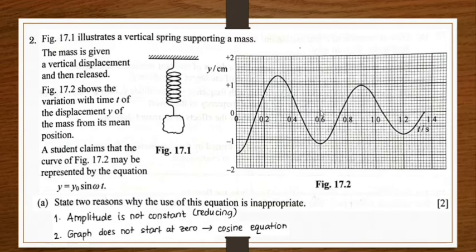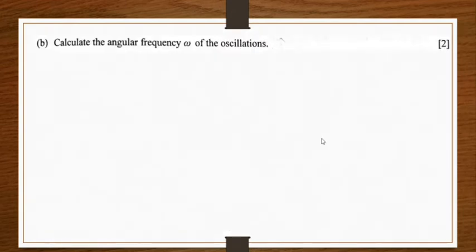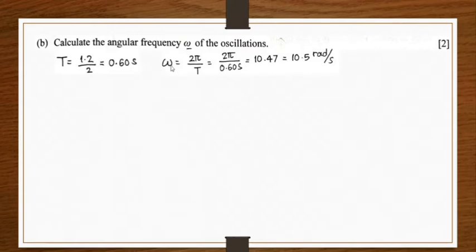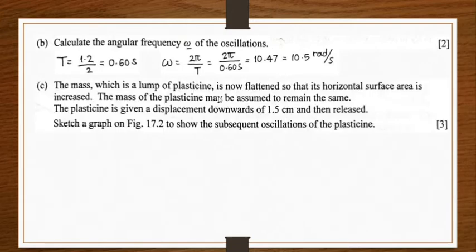So one oscillation is 0.6 seconds. The time to do one oscillation is the period, which is equal to 0.6 seconds. And then omega is equal to 2 pi over period. So 2 pi over 0.60 seconds is equal to 10.47 or 10.5 radian per second.